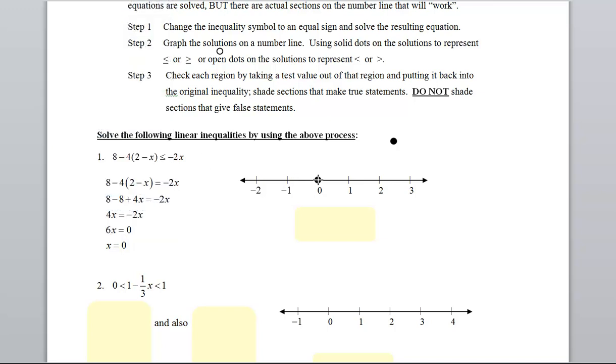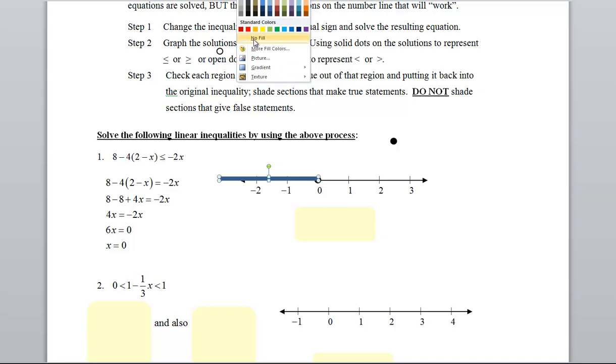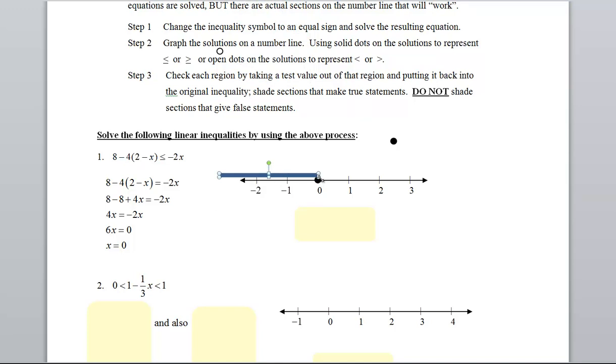Let me start right here and I'll go this way. I guess I move it up just a little bit, you'll be able to see. So starting here and going to my left, every number there will work.